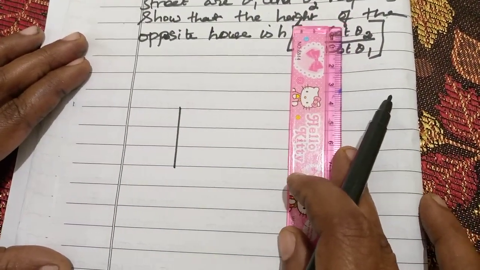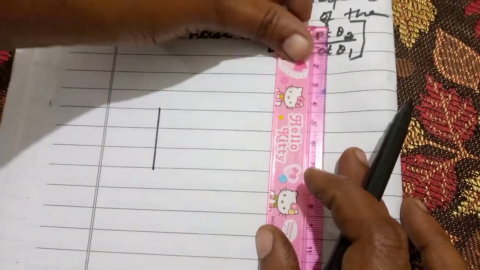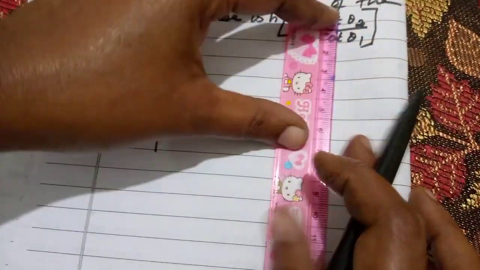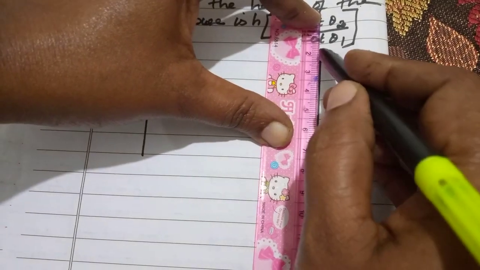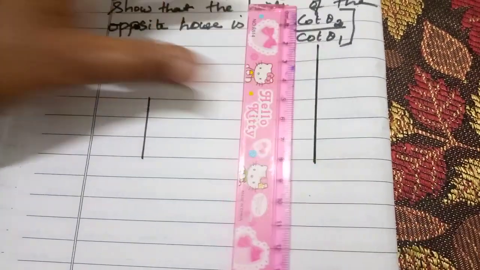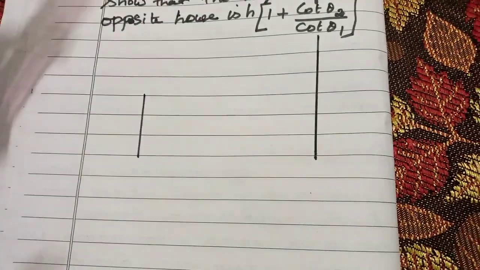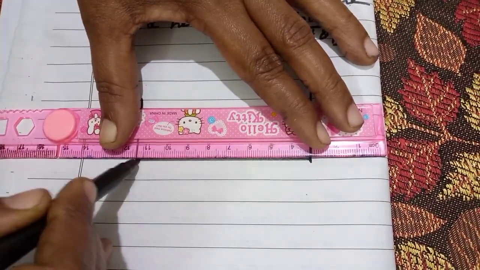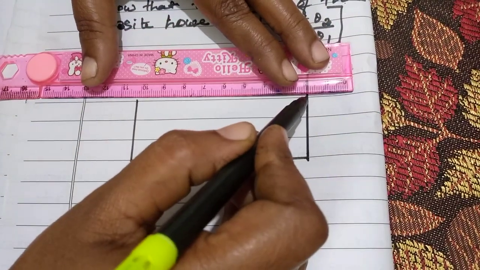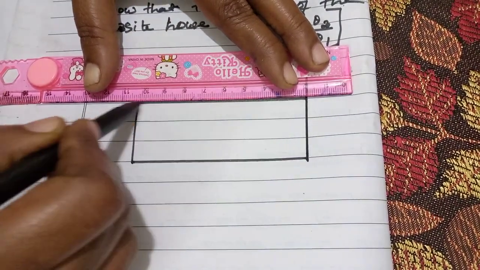Opposite side there is a house. So house should be higher than this window. No? So this side there is a house. Let us draw this horizontal level, this ground level as well as this horizontal level. Let us join.